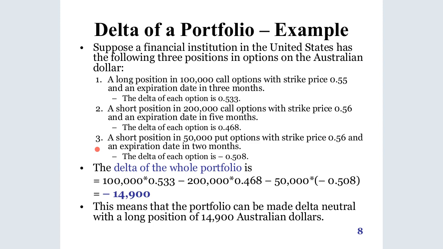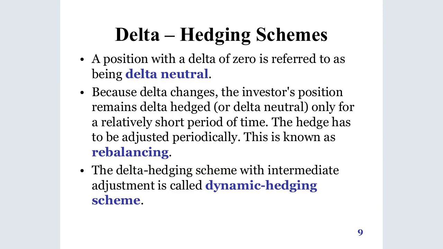If the Australian dollar moves up by 1 unit, my loss is $14,900, but I have cash of $14,900 with me. So there is no change in my resultant position; my long position gets offset with the short position, and therefore I have a neutral position.